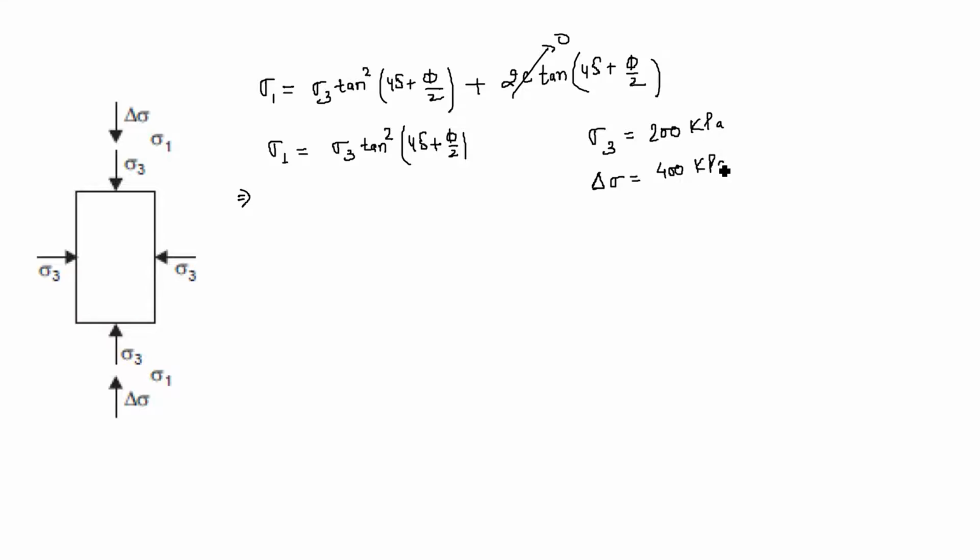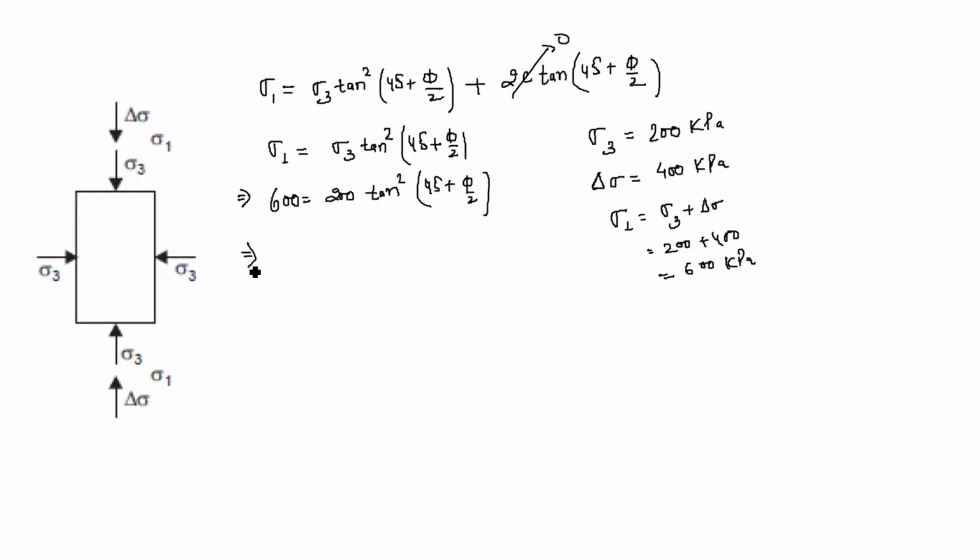So sigma 1 is equal to sigma 3 plus deviator stress, which is equal to 200 plus 400, that is 600 kPa. So 600 is equal to sigma 3, the value of sigma 3 is 200 kPa, tan square (45 plus phi by 2).